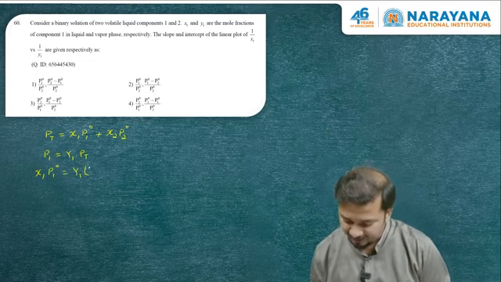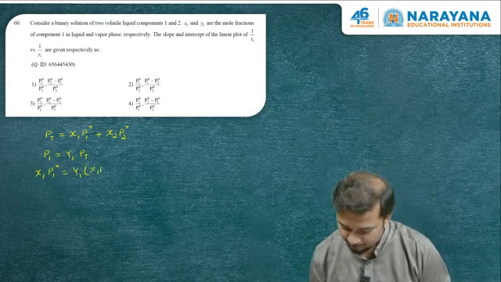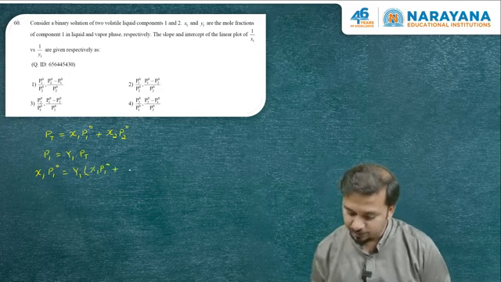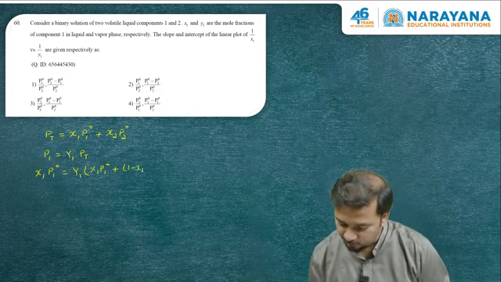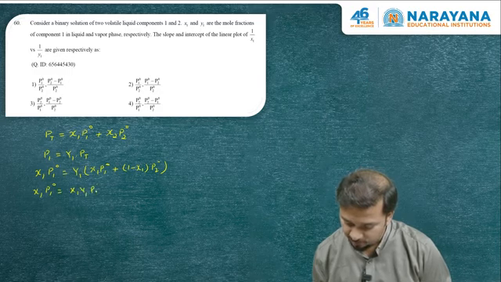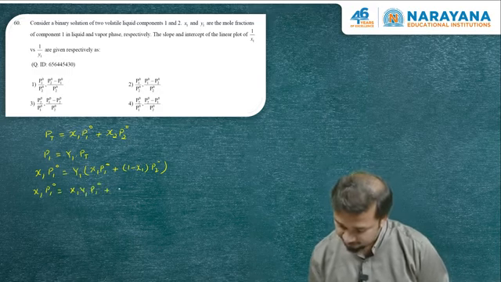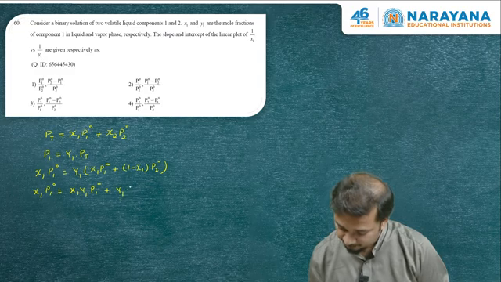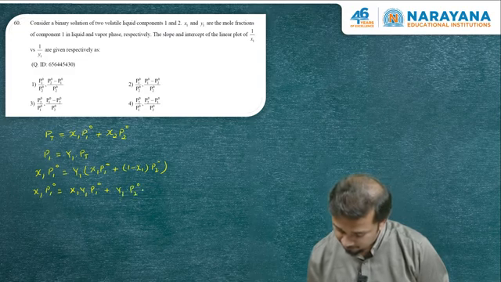In place of PT, I can write Chi1 P1 naught plus Chi2, which can be written as 1 minus Chi1, into P2 naught. So, if I open this bracket, we will get Chi1 P1 naught is equal to Chi1 Y1 P1 naught plus Y1 P2 naught minus Chi1 Y1 P2 naught.